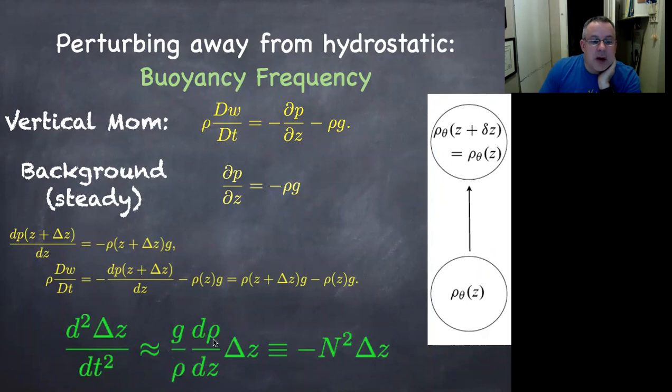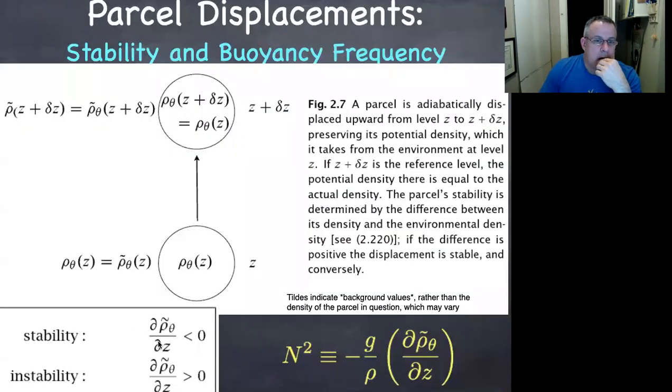And it really should have been rho potential density here if we were being really careful. This still would have been rho background. So that's why we call it the buoyancy frequency, because the oscillations and displacements in z go with this frequency, N squared. And the minus is what you want to have it be a real oscillation. Okay.